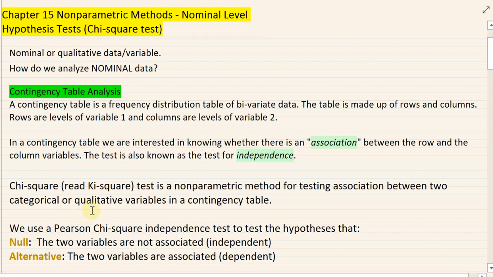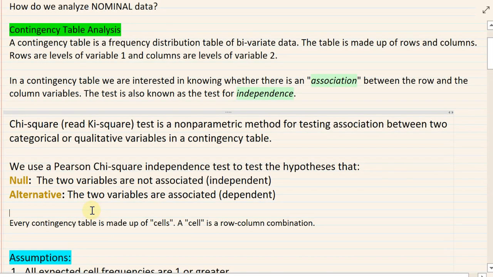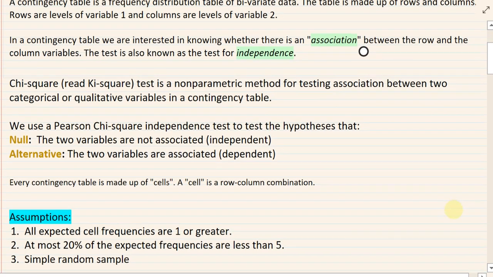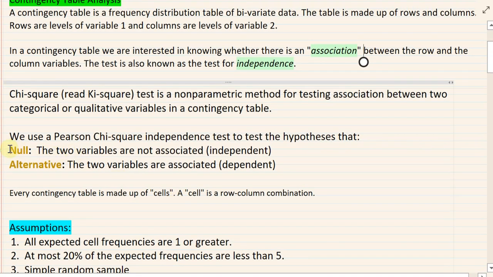When we're doing a Pearson chi-square test for independence, what are we looking at? We're looking at these two hypotheses. We want to test these two hypotheses. The null hypothesis reads, the two variables are not associated. In other words, the two are independent.